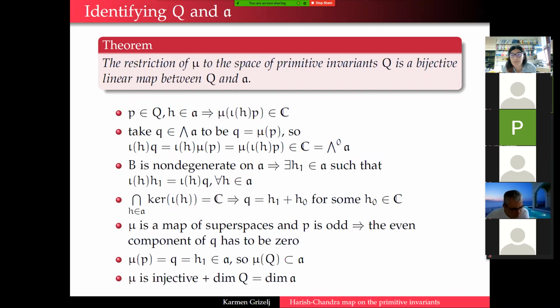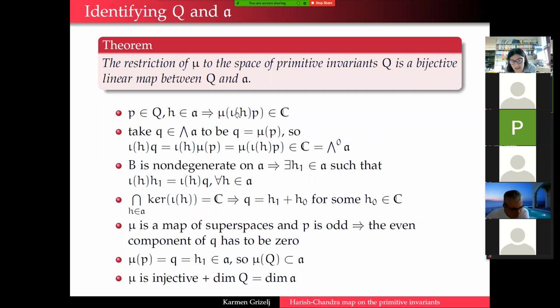Okay, let's prove it. Well, we have most of the ingredients, we just have to kind of put them together. Let's take a primitive invariant and let's take any H in A part.